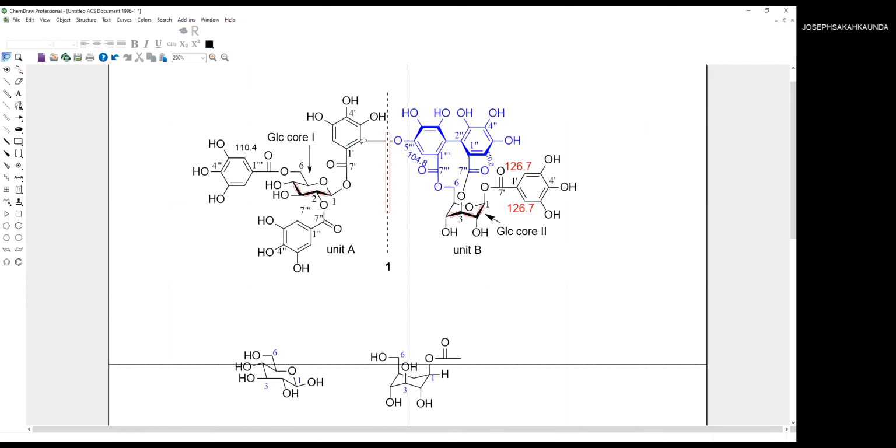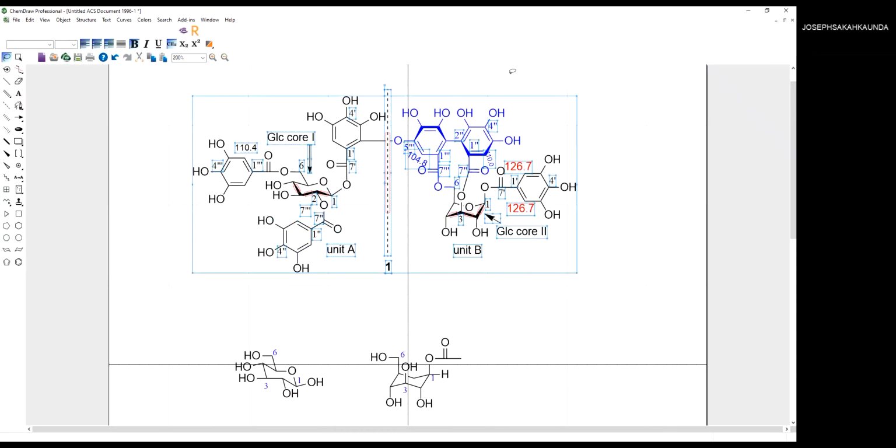And we realized that, based on this, it indicated a linkage. Then you just put an oxygen there, and fix it to this one, and you have your structure. But that is not the final. It's not the confirmation.